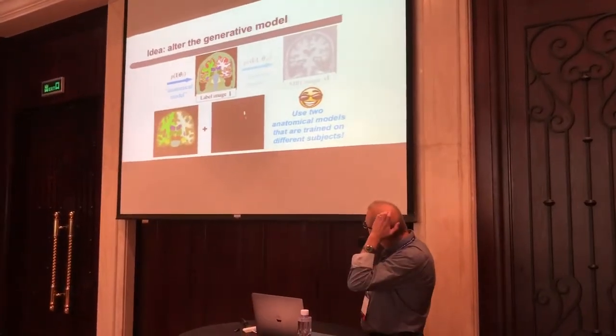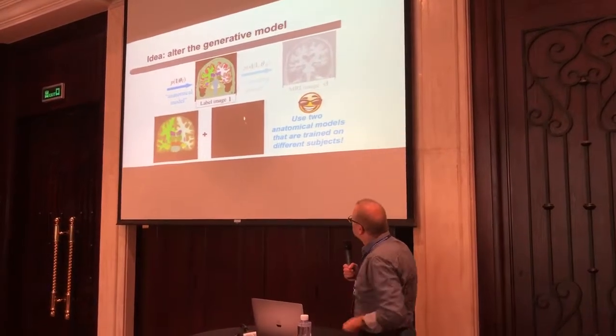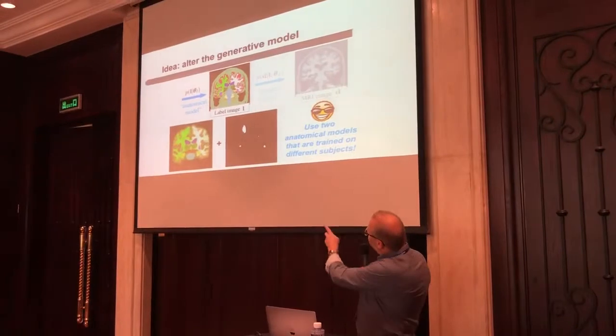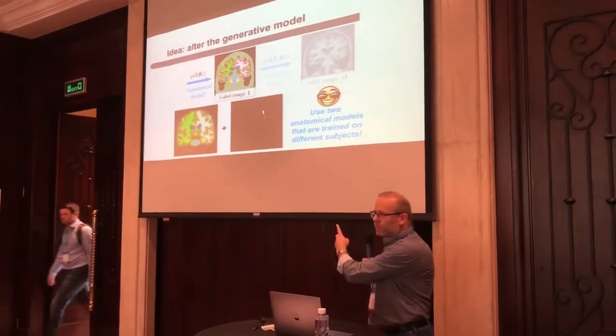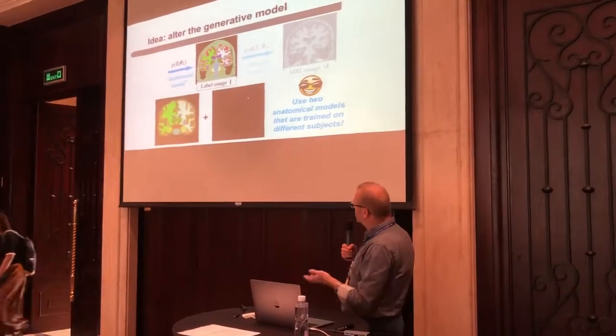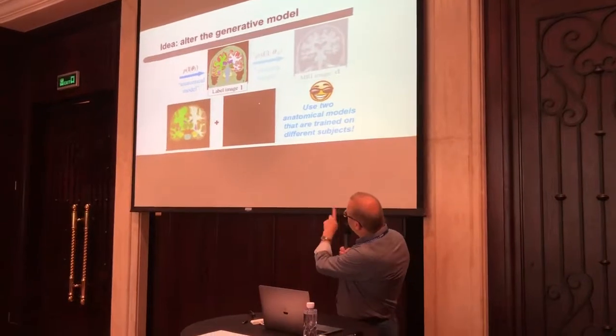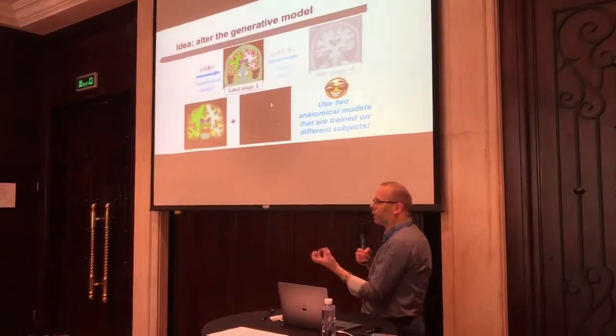Generative models have this nice property that you can actually go in and fiddle with them. So the way we did it is we have these models for whole brain segmentation, trained on 20 subjects scanned 20 years ago, and we can augment it with a shape model of what a typical, let's say, brain tumor looks like.